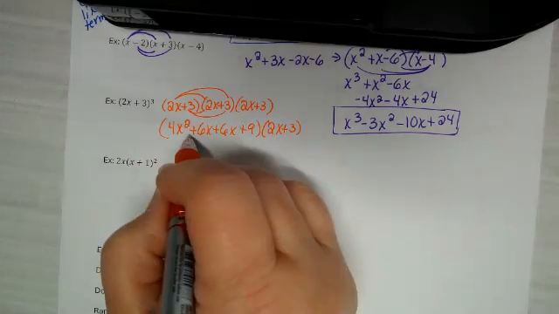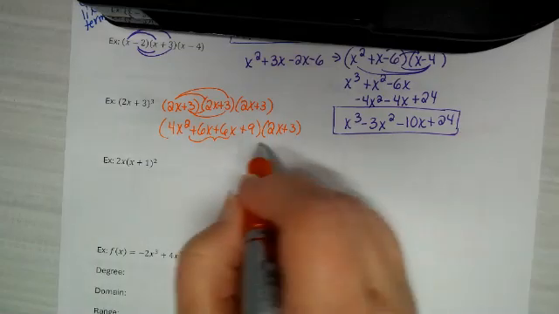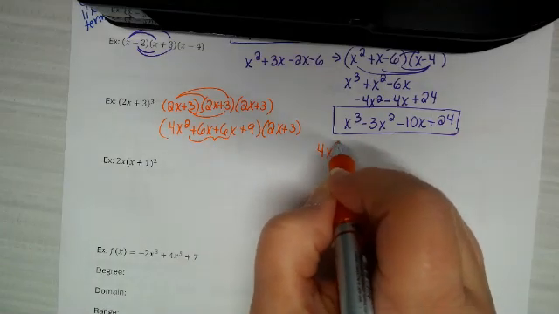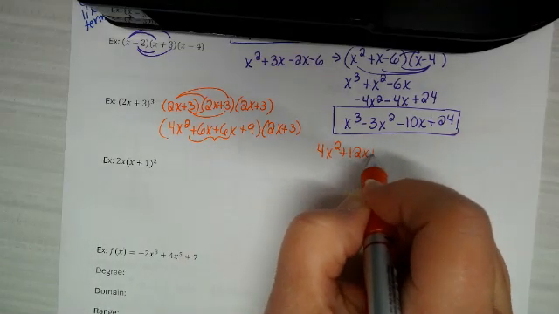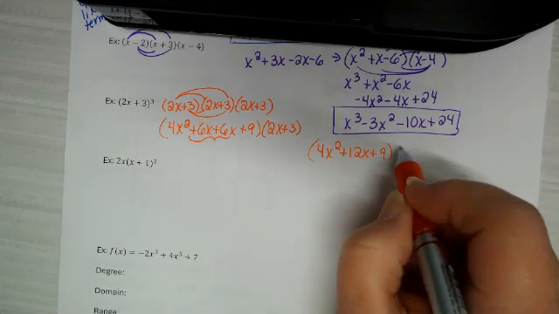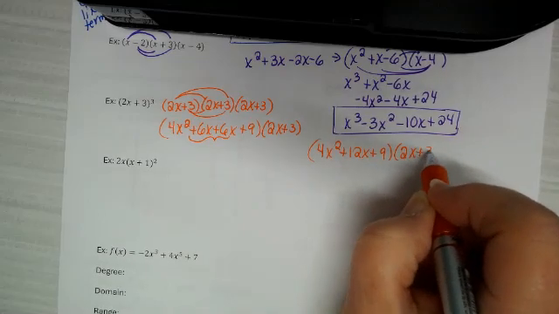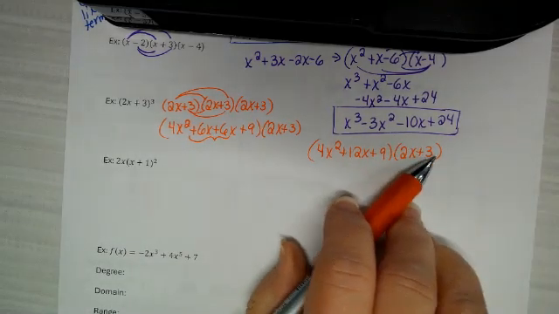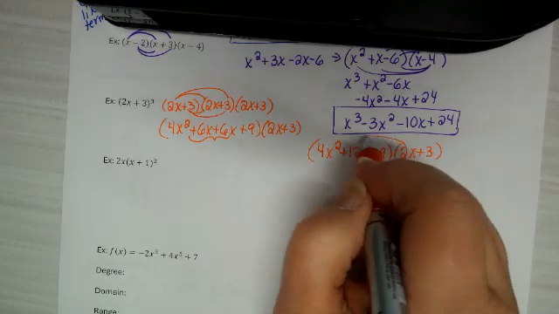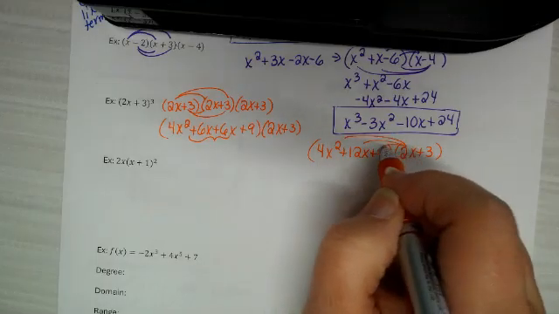So I think I'm going to combine my terms in here. I'll move over. I've got 4x squared plus 12x plus 9 times 2x plus 3. So we're just going to distribute our 2x plus 3 into the parentheses.